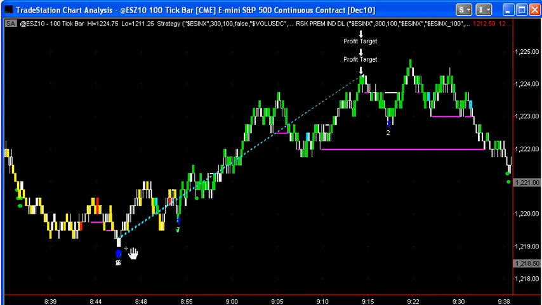But in addition to that, we got long trades here and then a little bit later on over here. The initial trade was set up to take a profit at 20 ticks. And that worked out quite nicely.